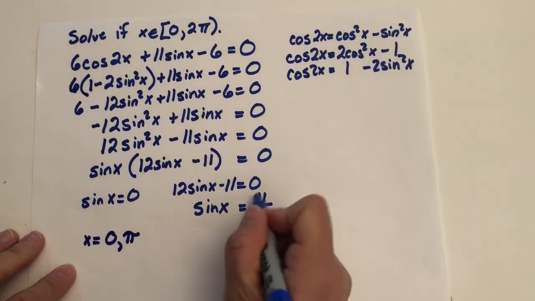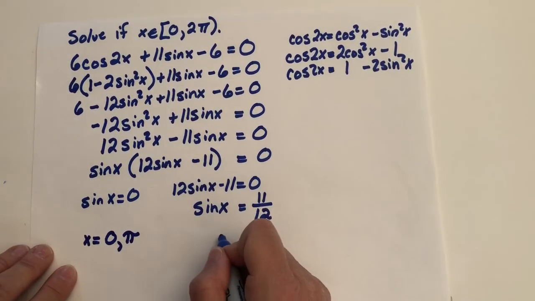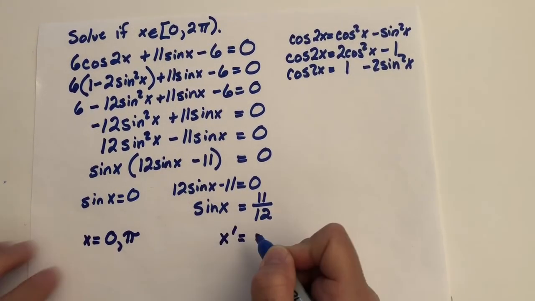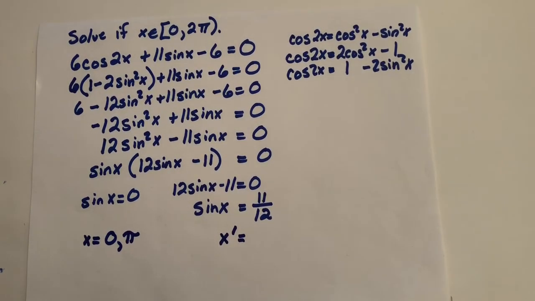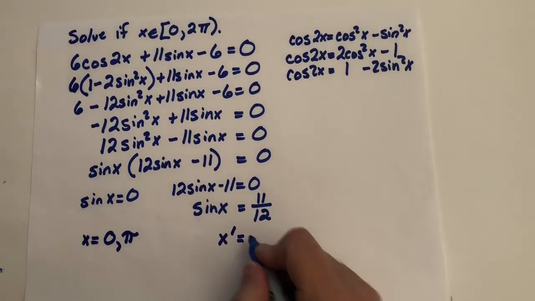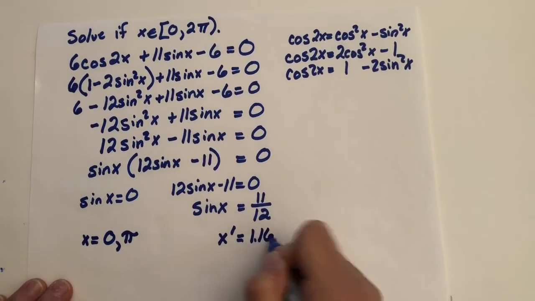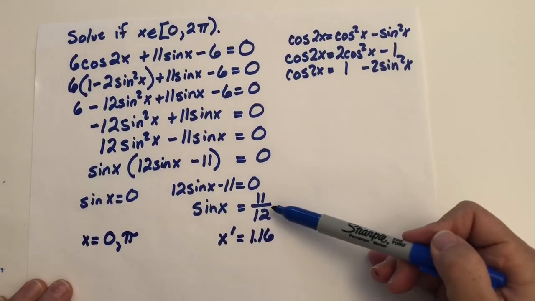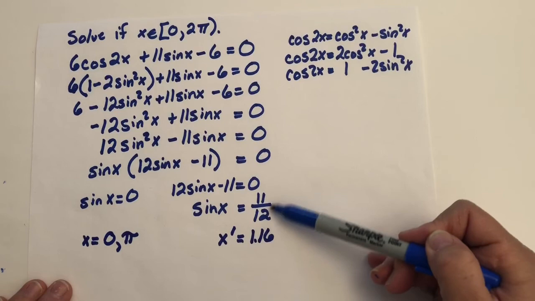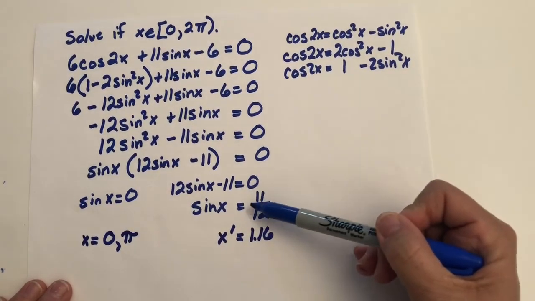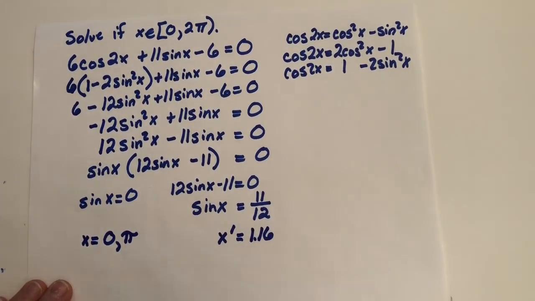Now for this one, this isn't one we recognize. So let's find the reference angle. So we punch in inverse sine of 11/12. And we get 1.16. Since we're looking for solutions in the first and second quadrants because of the positive ratio, not only is 1.16 a reference angle, it is also one of the solutions.